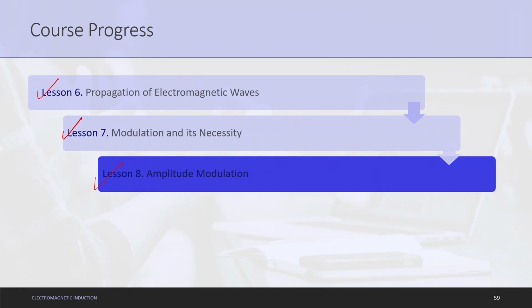So in this concept of modulation and its necessity and amplitude modulation, we got to know about the production of the amplitude modulated wave and the receiving of the amplitude modulated wave.